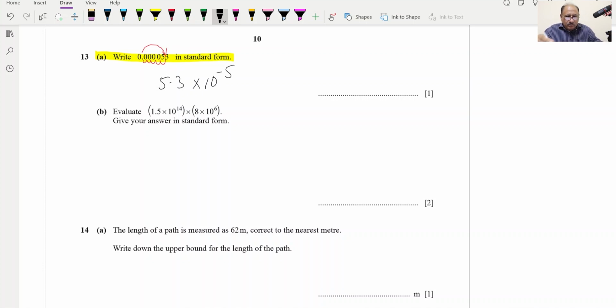If we are jumping to the left, the power will be positive. So we write 5.3 into 10 raised to the power minus 5. This will be the answer for 1 mark.